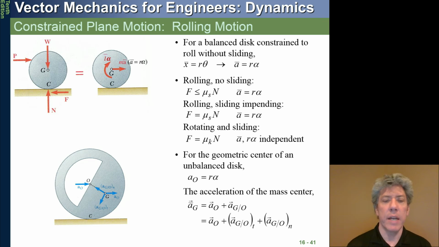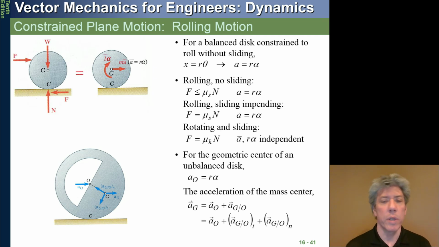Now, think about a disk that's designed so that it's unbalanced, right? So its center of mass is at G, but it's rotating not exactly about O. Technically, it's rotating about C, but you can think of it as rotating about O. Well, if you know the acceleration of the center of the disk O, then the acceleration of the center of gravity can be written as a relative acceleration equation.